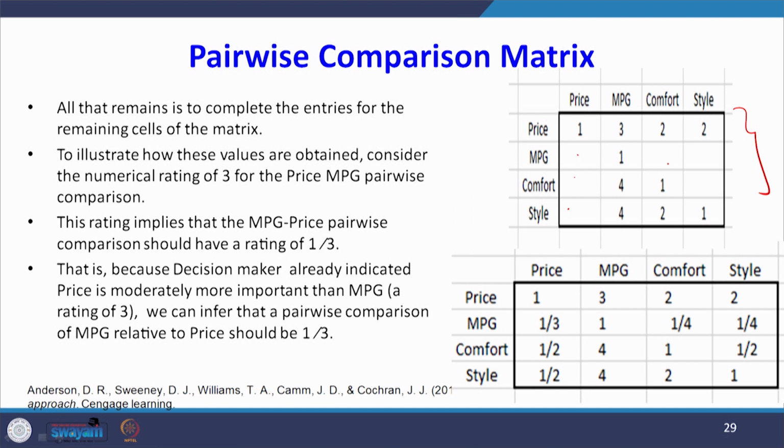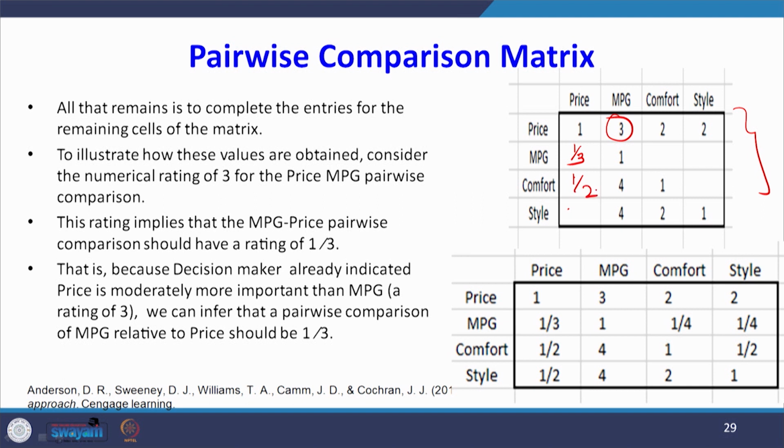To illustrate how these values are obtained, consider the numerical rating of 3 for the price and miles per gallon pairwise comparison. Consider this 3. Since we have already entered 3, here we are going to enter 1 by 3. When we compare price and comfort it is 2, so when you compare comfort and price, it should be 1 by 2.